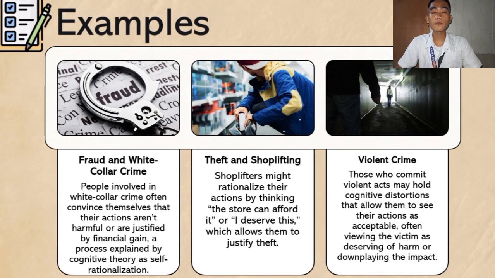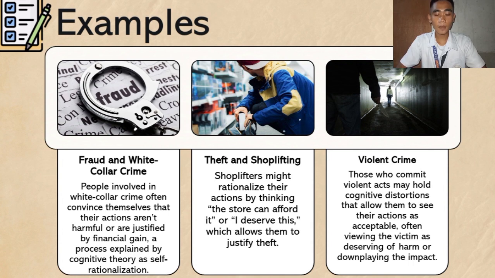Examples of cognitive theory: fraud and white-collar crime. People involved in white-collar crime often convince themselves that their actions are not harmful or are justified by financial gain, a process explained by cognitive theory as self-rationalization.